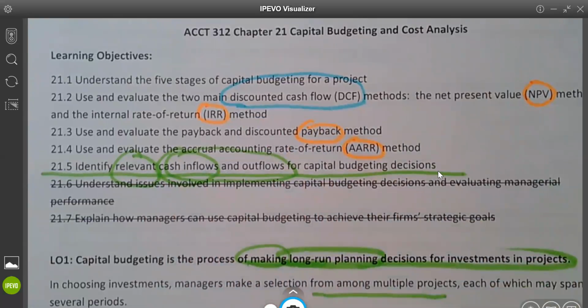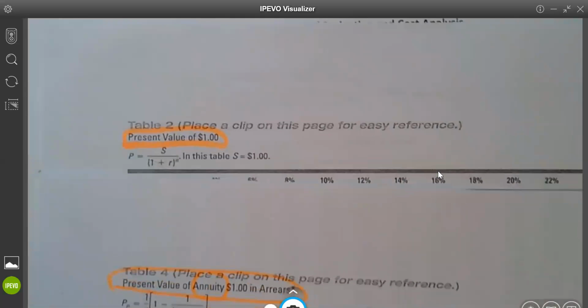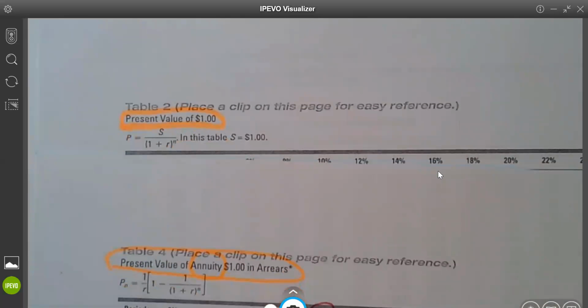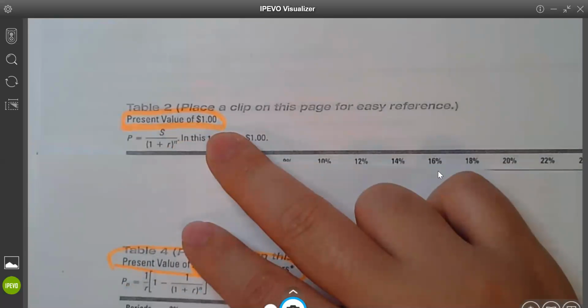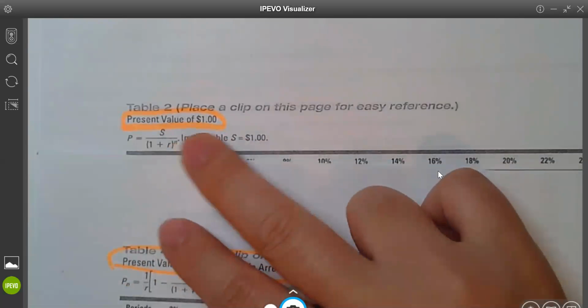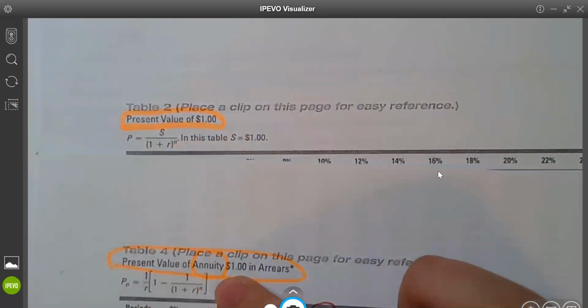If you have heard of discount factors, you should know there are tables to help you discount from your future value to the present value. I posted these two tables in Blackboard: table 2 and table 4. They are also in your textbook. Why are there two discount tables? Table 2 is present value of $1, and table 4 is present value of annuity.